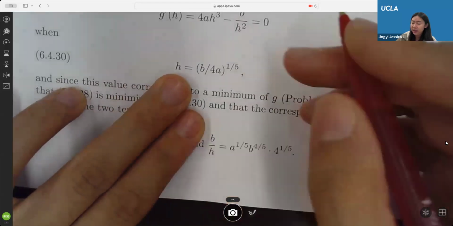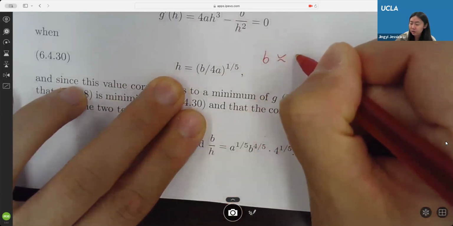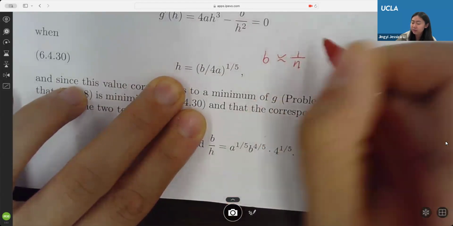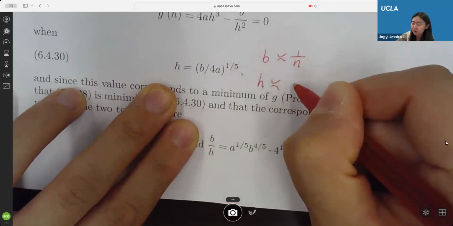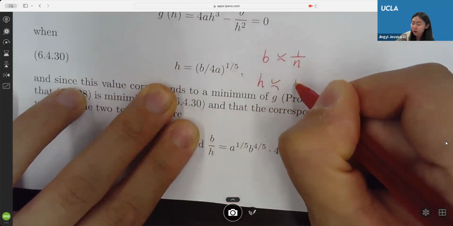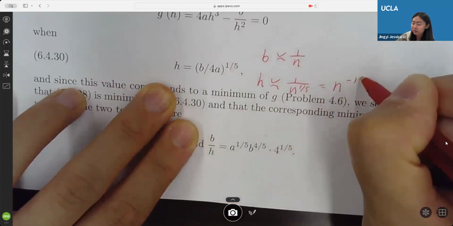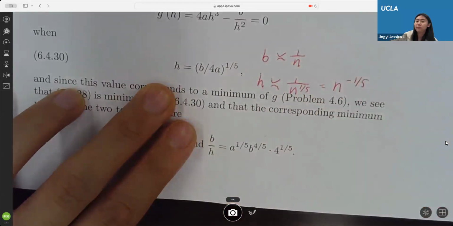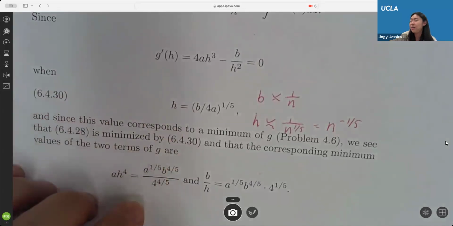Using our notation before, B is in the same order of 1 over n, put this in, then h is in the same order of 1 over n to the 1/5, or we can write n to the negative 1/5. That's it. So this is the order of the optimal bandwidth in terms of sample size.